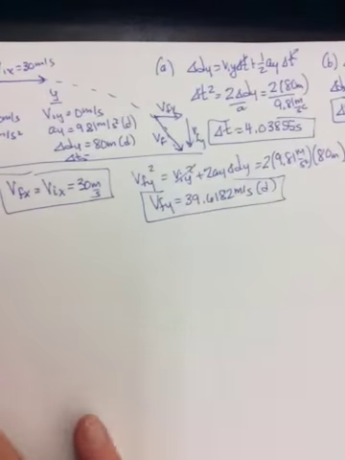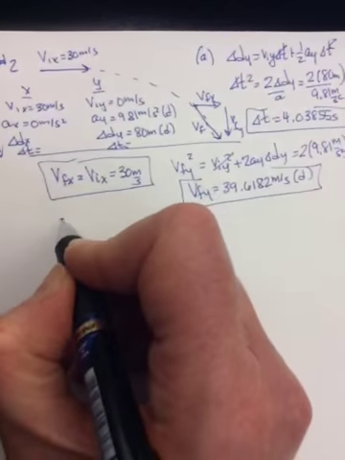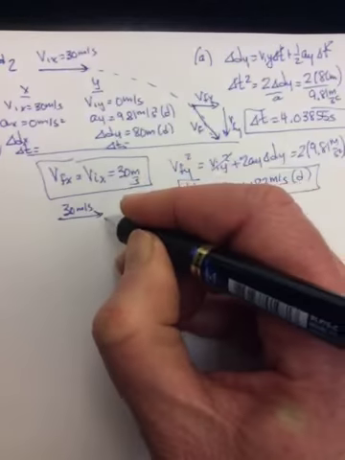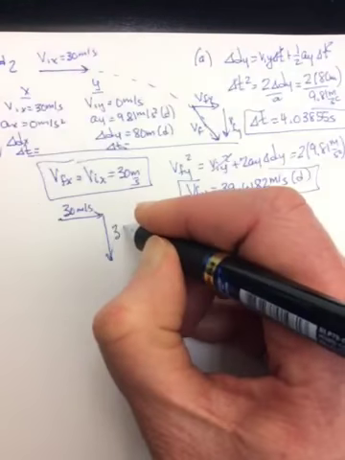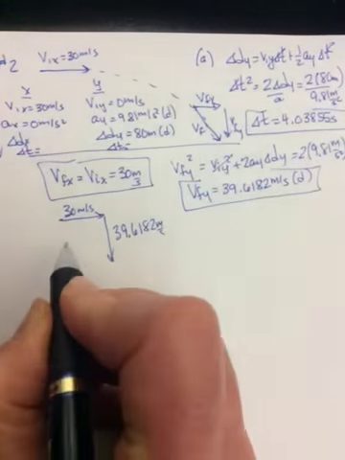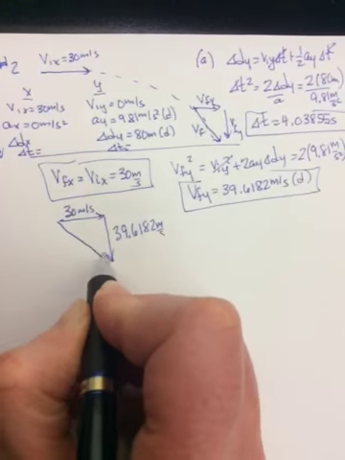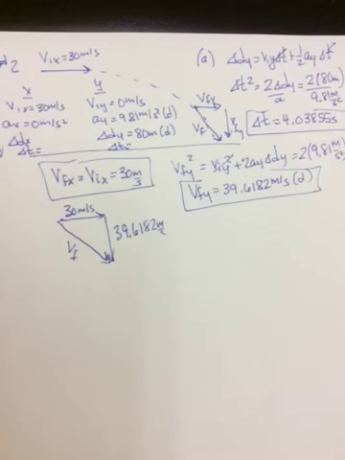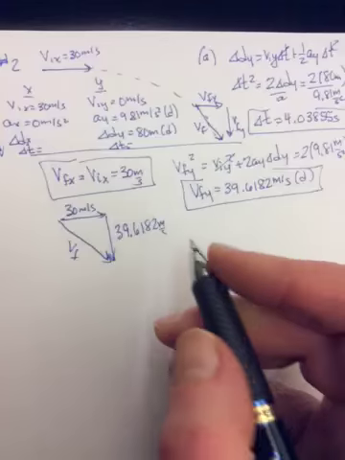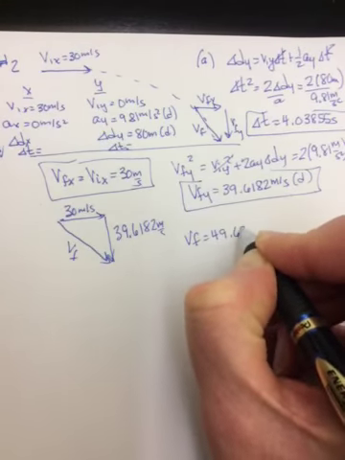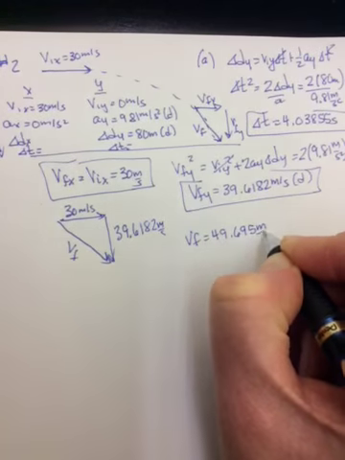So once you have these two, then you draw it. 30 meters per second, 39.6182 meters per second. So the final velocity will be this. So square them, add them together, take the square root, and you should get a vf of 49.695 meters per second.